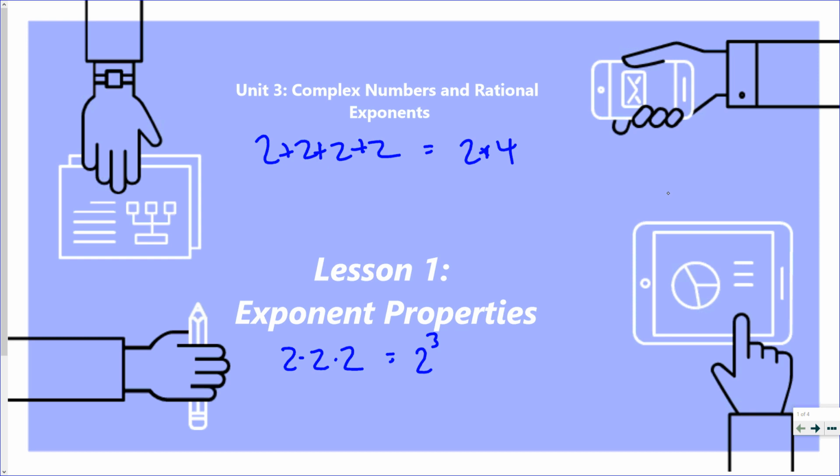And the same is true for exponents. So knowing that 2 times 2 times 2 is 2 to the third, 2 times 2 times 2 times 2 is 2 with an exponent of 4, and so on and so forth.